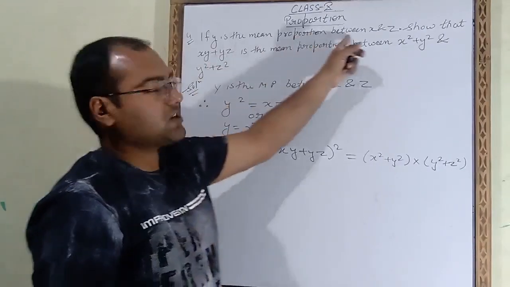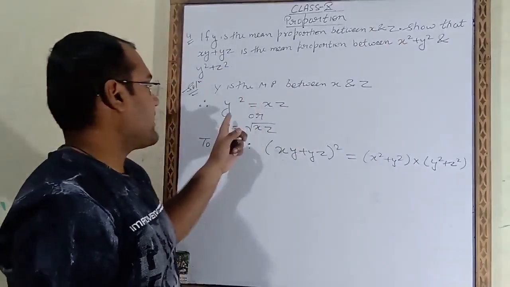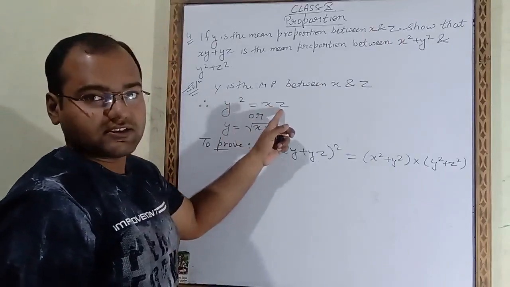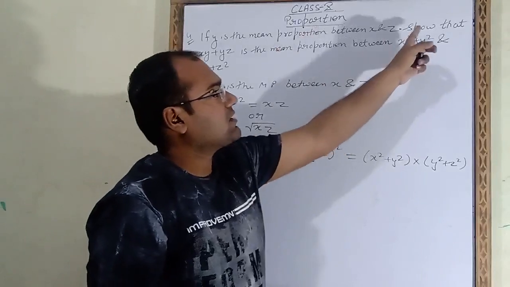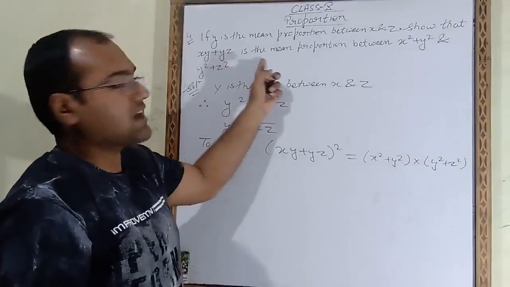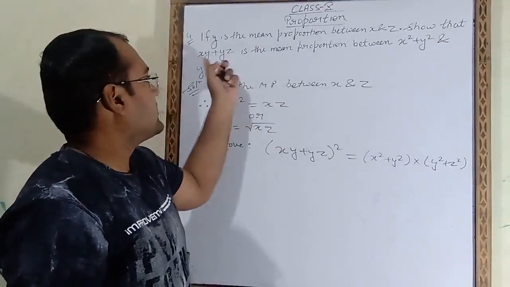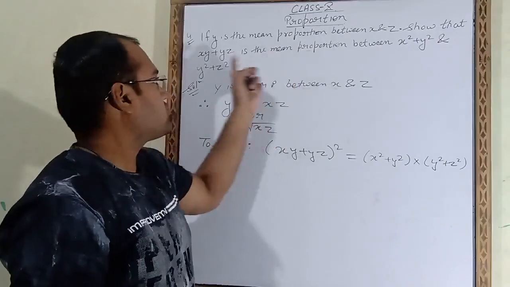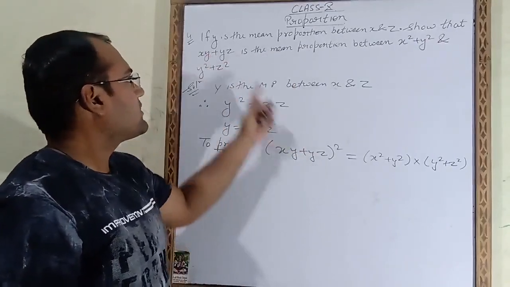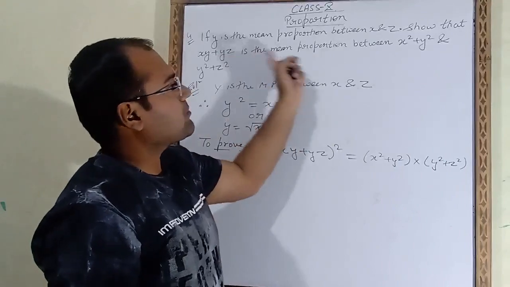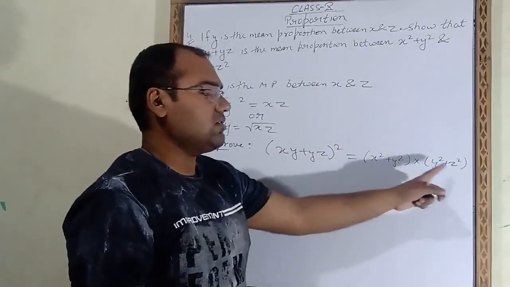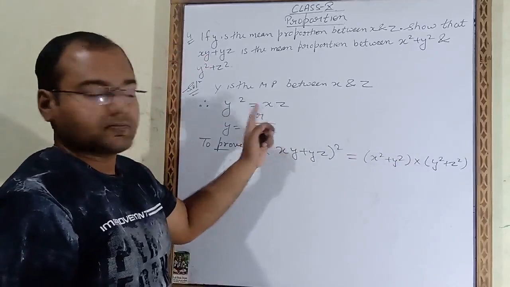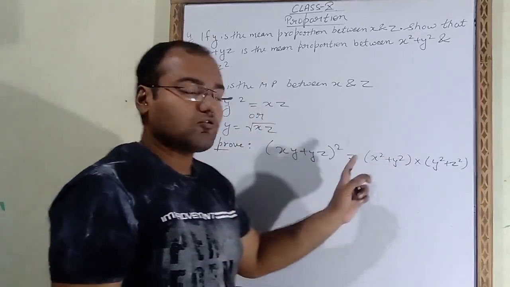Y is the mean proportion between x and z. So what have we taken? We have taken y square is equal to xz. In the same way we have to take here also. He said this is the mean proportion. So the square of this number is equal to the product of these two numbers, this into this, as we have taken here. Now this thing we have to prove.